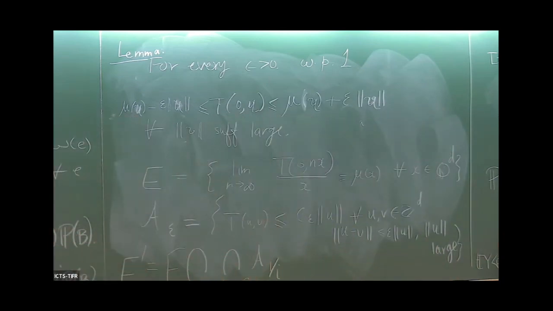So we're going to show that on this set E prime, which has probability 1, you get this inequality: T0u minus mu u is little o of norm of u. Okay, so this proof is by contradiction. Suppose not.